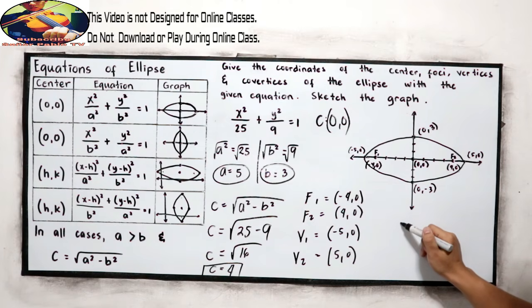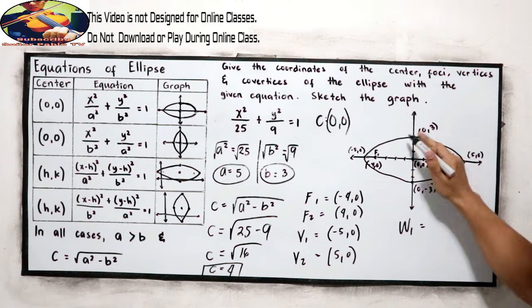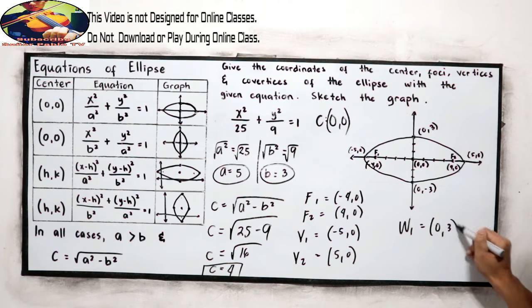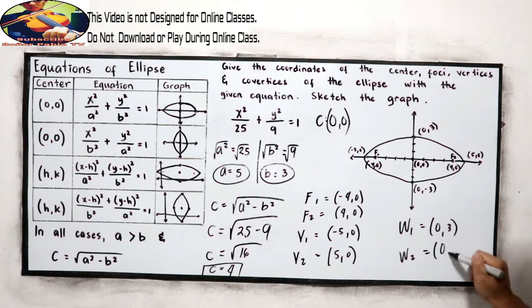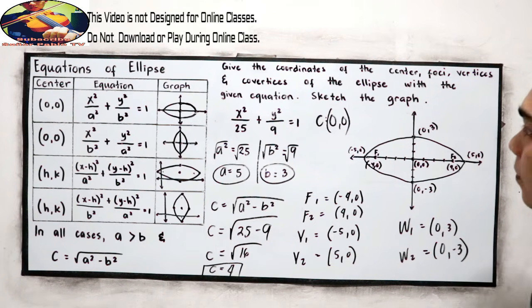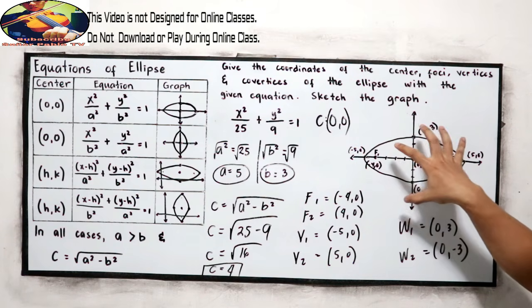Let's say w sub 1, 0, 3, w sub 2, the second co-vertices, 0, positive 3. And this is the graph.